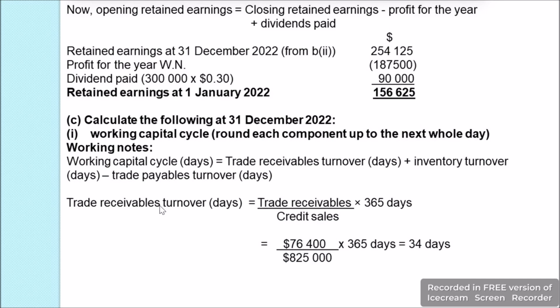For trade receivable turnover, we have a formula which is equal to trade receivable divided by the credit sales times 365 days. So here the trade receivable are given as $76,400, and we have the sales which are all on credit, so it is $825,000 times 365 days. We will get the value as 34 days.